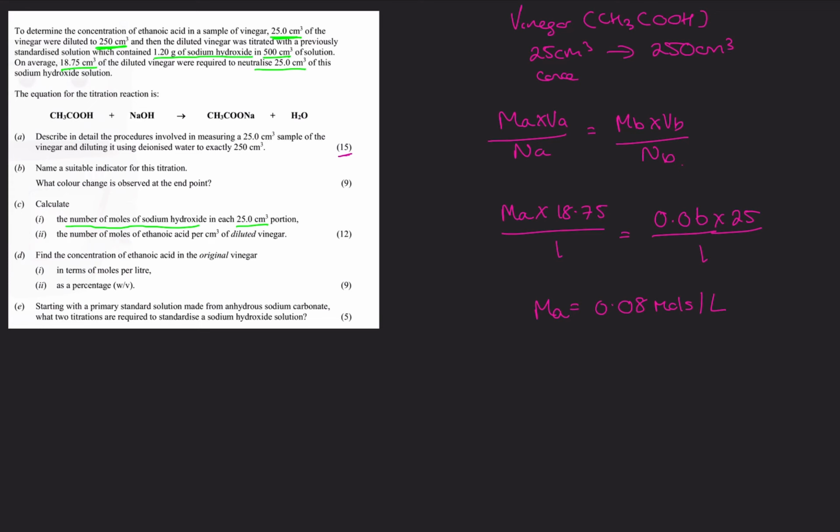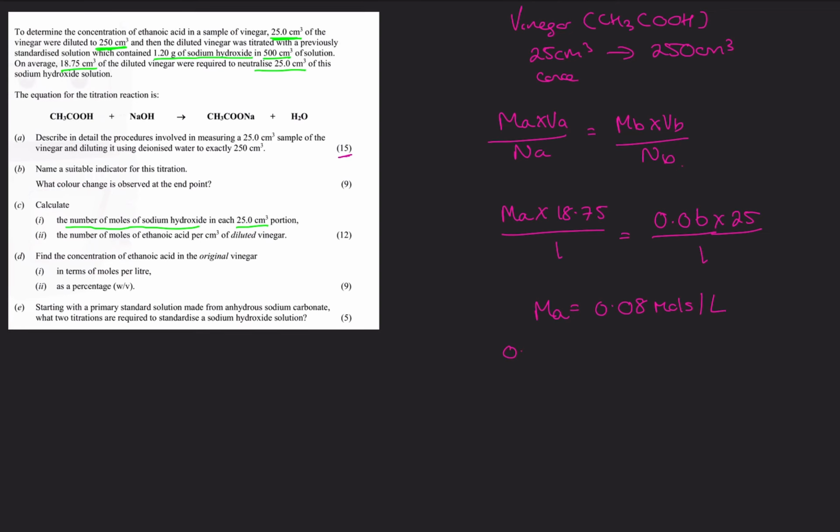Now, how many centimetres cubed are in a litre? There is 1,000. So you're going to have to take that number of moles, divide it by 1,000 to see how many moles of the vinegar is in only 1 centimetre cubed of solution. So that'll be about 1 mil.